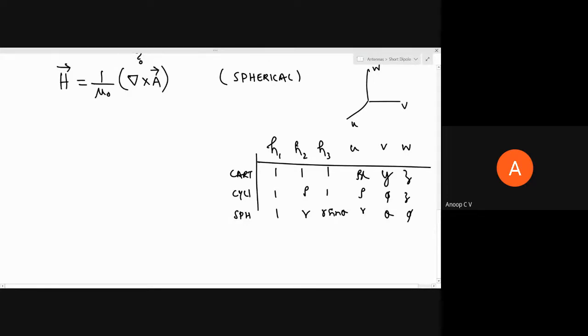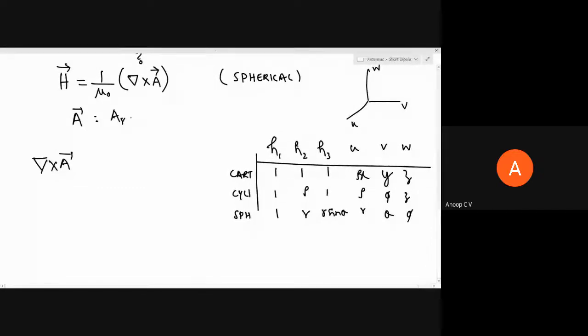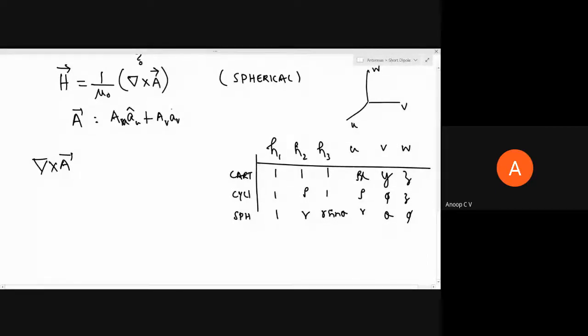Now, the expression for curl, I can represent it as a determinant. So del cross A. Suppose A has components AU cap plus AV cap, in general I am telling, plus AW cap.